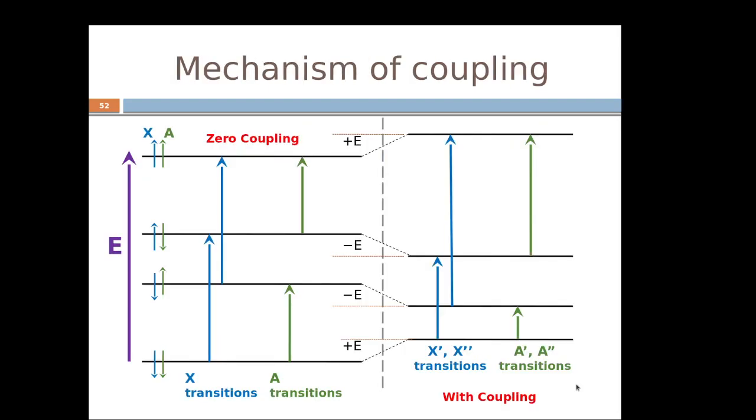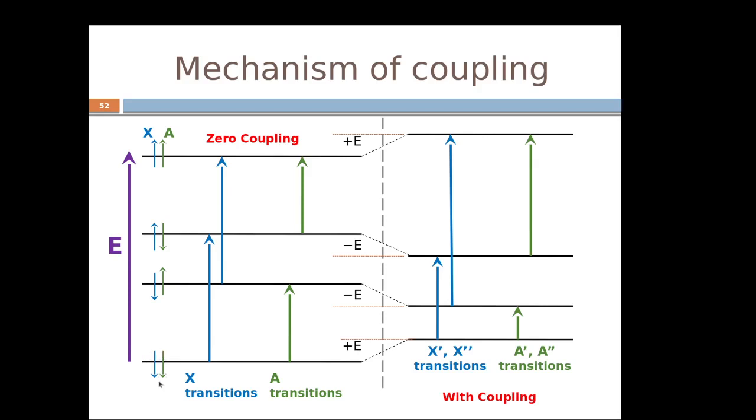And next here we have a pictorial diagram, an energy level diagram, that shows how the coupling happens. Suppose we consider two nuclear spin systems, A and X spin systems. We consider the different possible configurations of nuclear spin states of A and X nucleus.